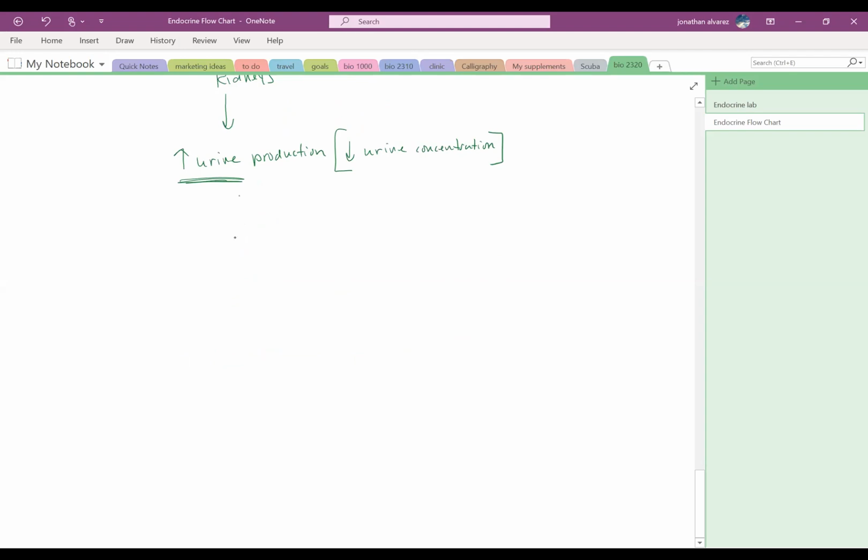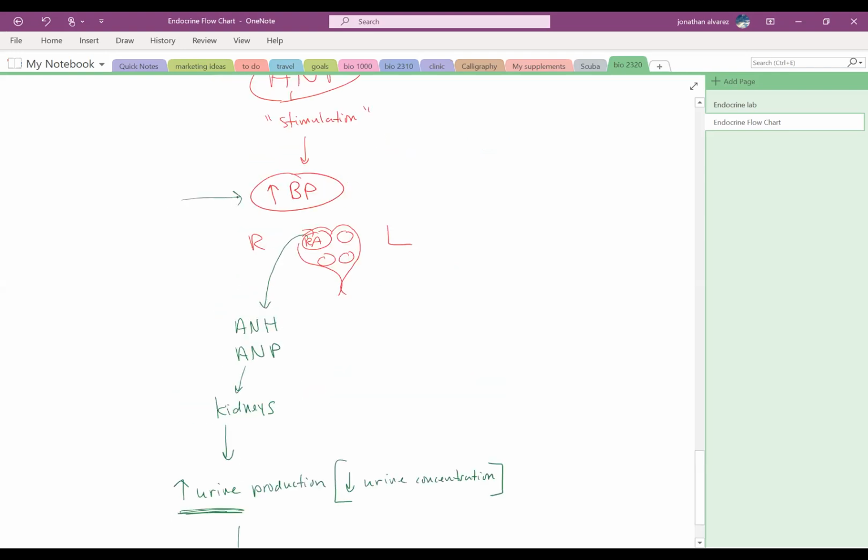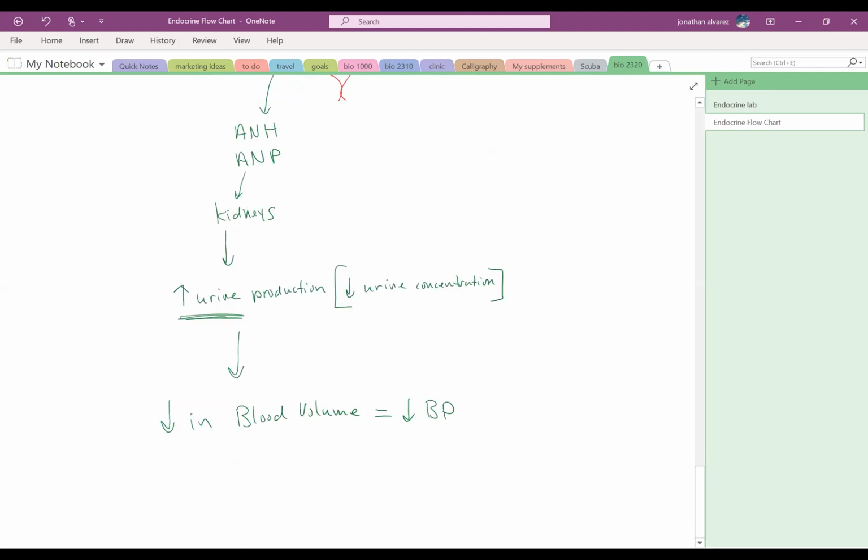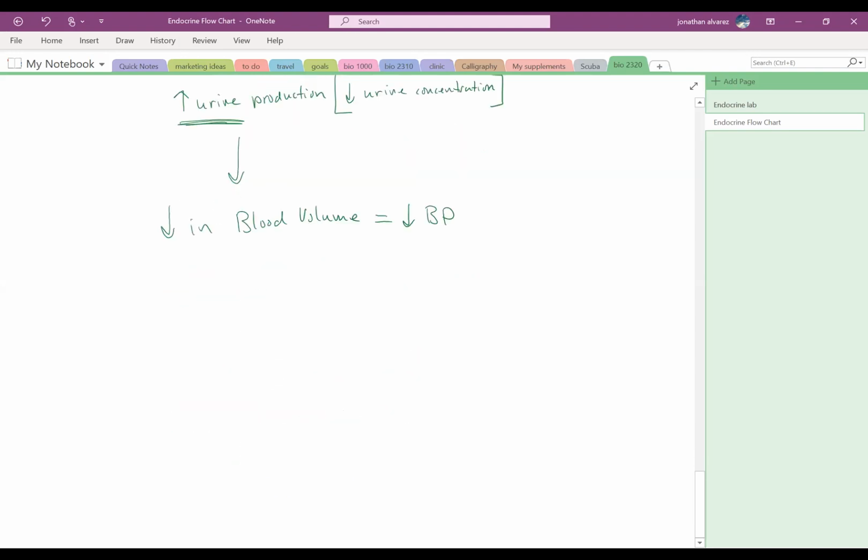So when this happens, you're going to get a decrease in blood volume, which means you're going to get a decrease in blood pressure. Remember, the stimulus is high blood pressure. So this is a method to help lower blood pressure by decreasing blood volume.